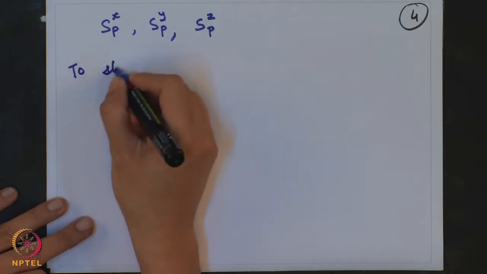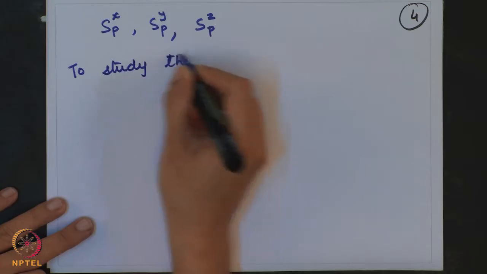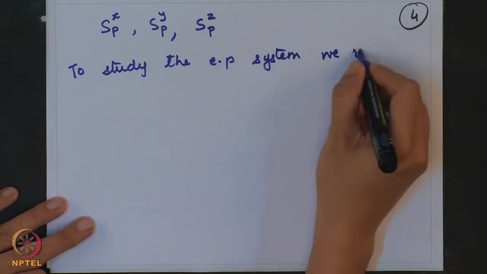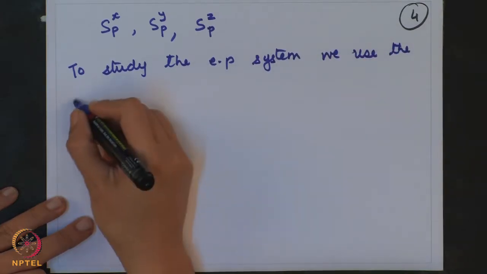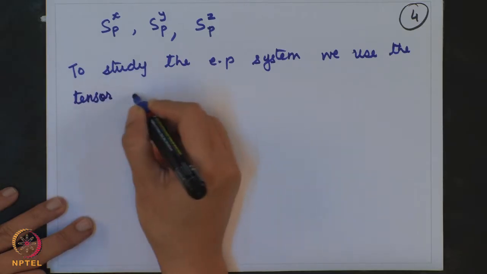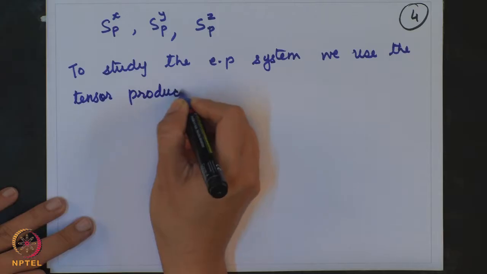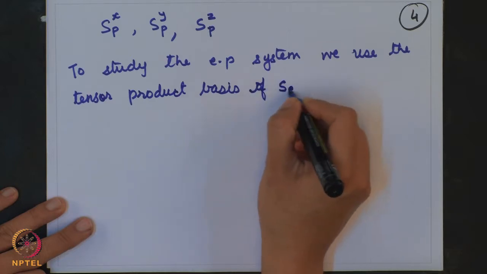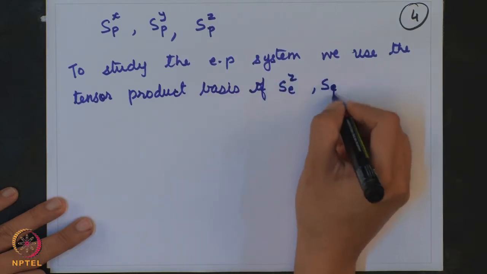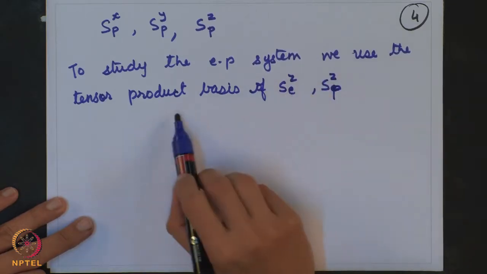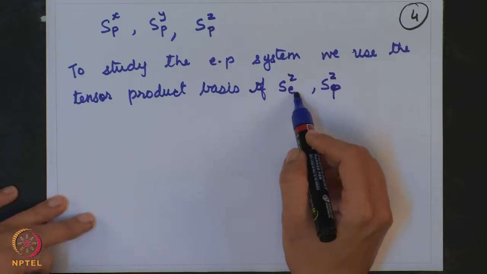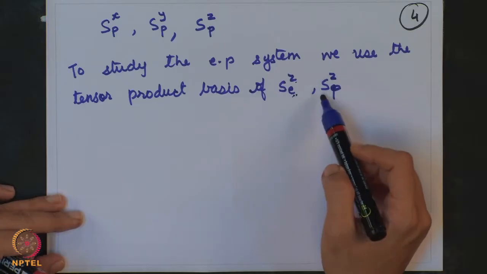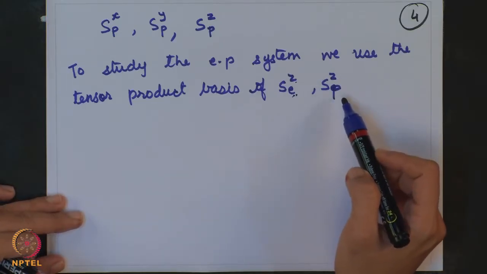Now, to study the electron positron system, we use the tensorial product basis of Sez and SPz, that is the tensorial product of the basis of the electron spin along the z component and the z component of the positron spin.